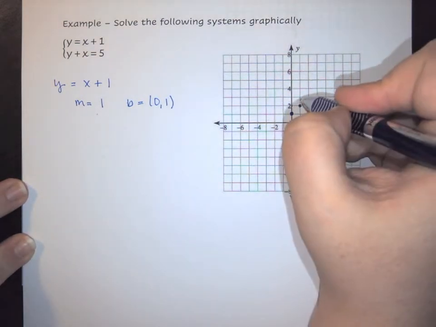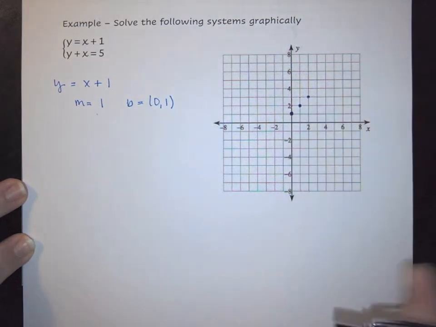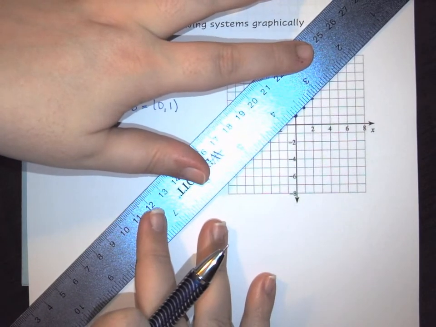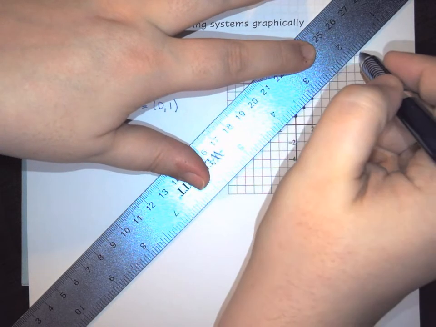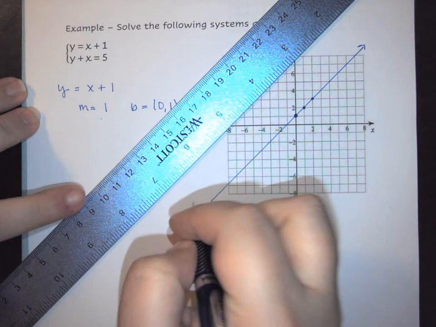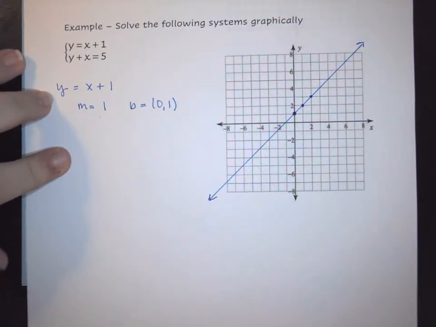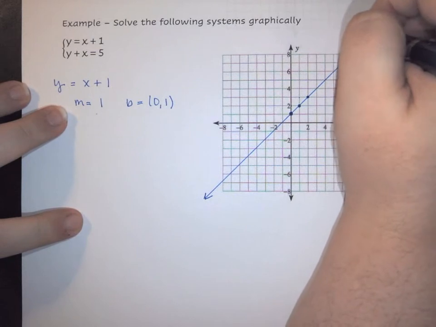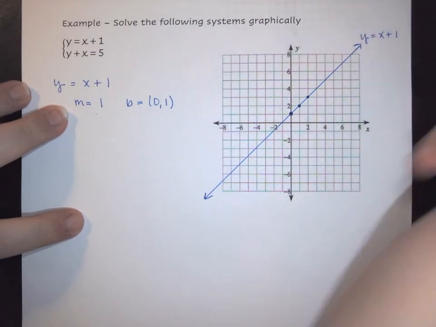I can do it again, up 1 over 1. So at this point, we can go ahead and connect our points and graph our line. And then I would definitely label it y equals x plus 1.